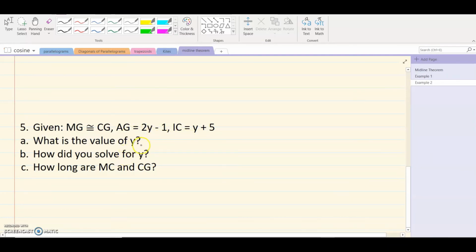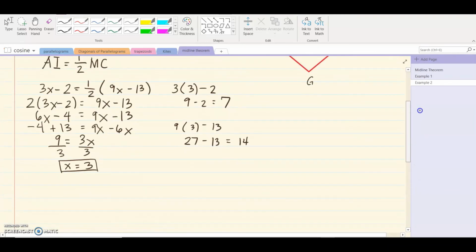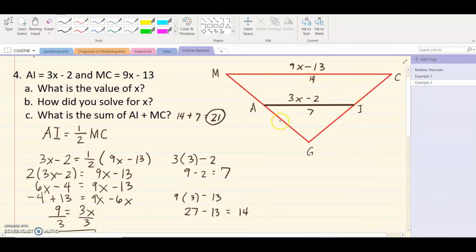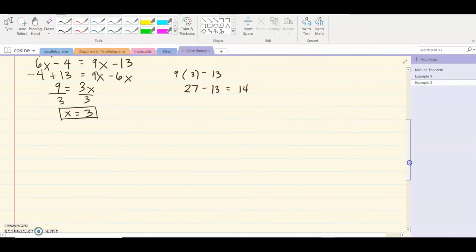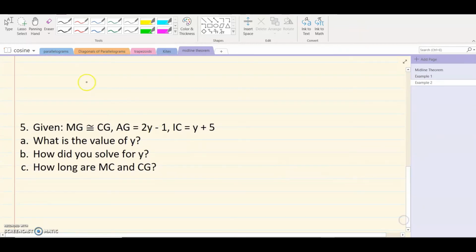So the sides of the triangle, I'm going to label AG here and then CI here. But we know that MG is congruent to CG. So we can say that AG is equal to IC.